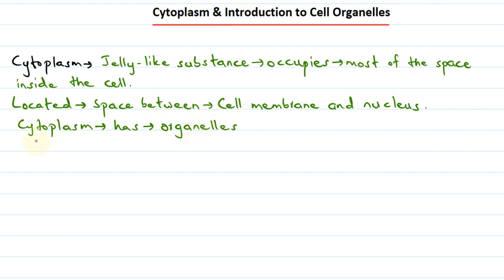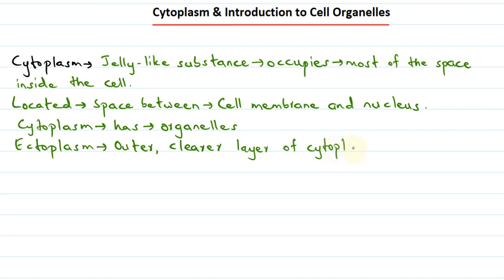The outer clearer layer of cytoplasm is called ectoplasm.